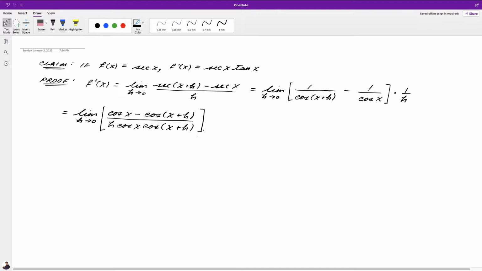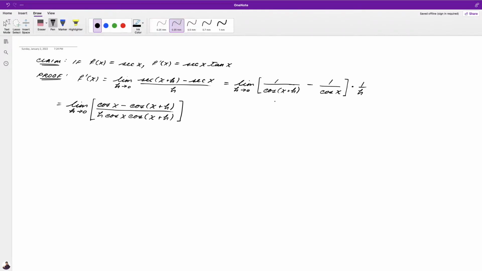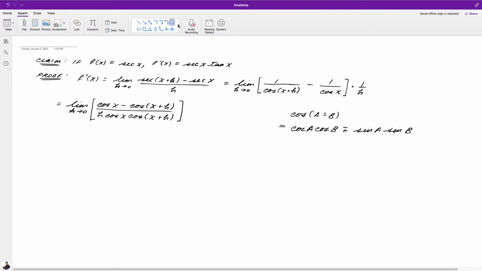Now, I am going to use an expansion for cosine here, and I suppose I should zoom out one step before I establish this. We know that the cosine of a sum, or difference for that matter, so cosine of A plus or minus B, is going to be cosine A cosine B minus or plus sine A sine B. Let's put a box around that.